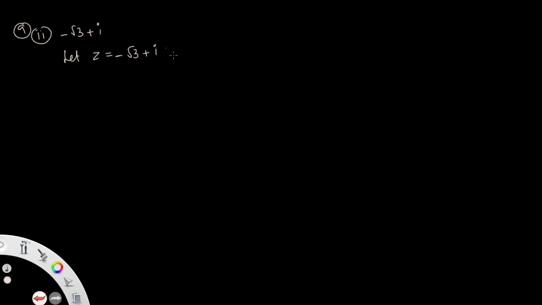Now comparing with x plus iy, x equals minus root 3 and y equals the coefficient, which is 1.